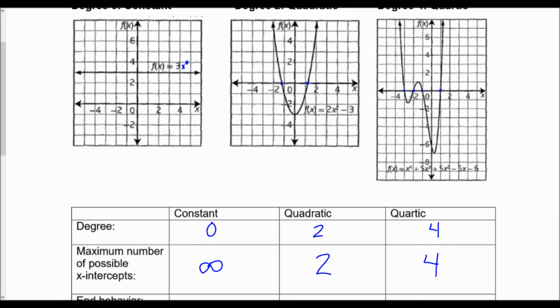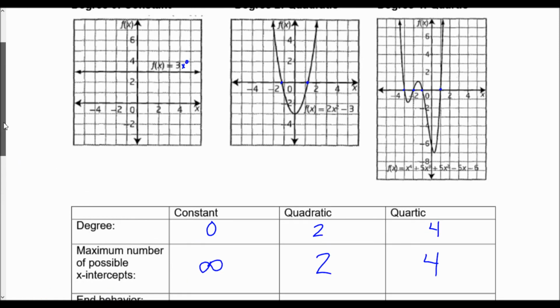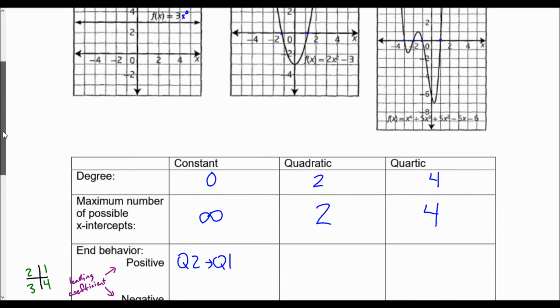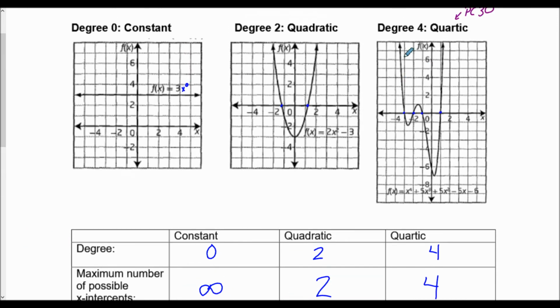For a positive constant, because it's a positive 3, you'll notice it's starting up in quadrant 2 and ending over in quadrant 1. The quadratic, also a positive 2 being our leading coefficient, is also starting in quadrant 2 and ending in quadrant 1. And a quartic, same characteristic.